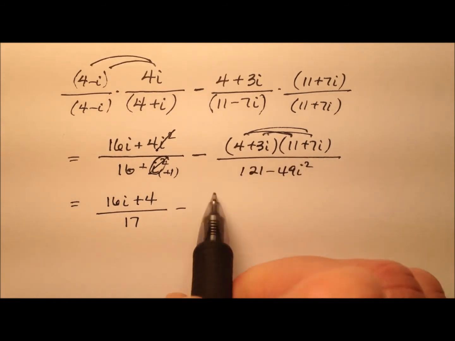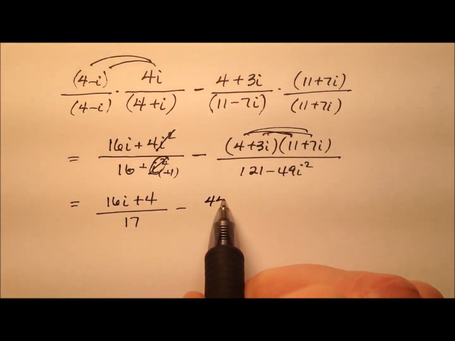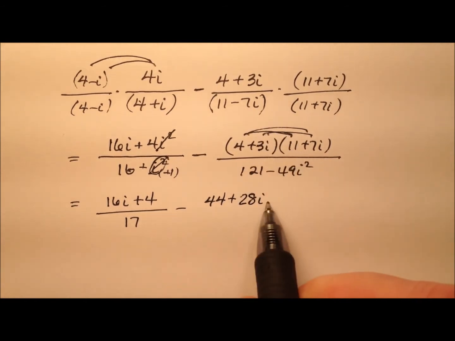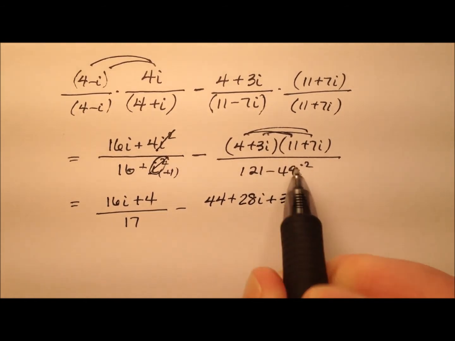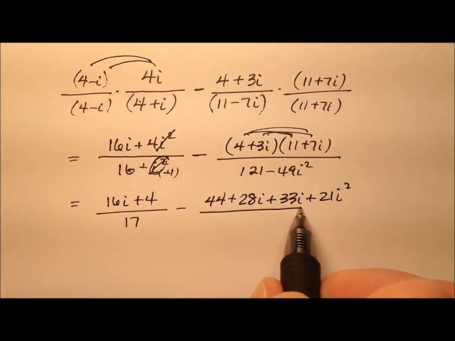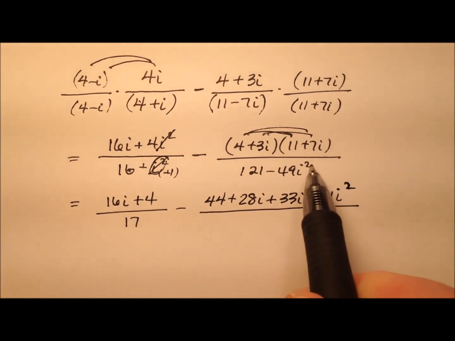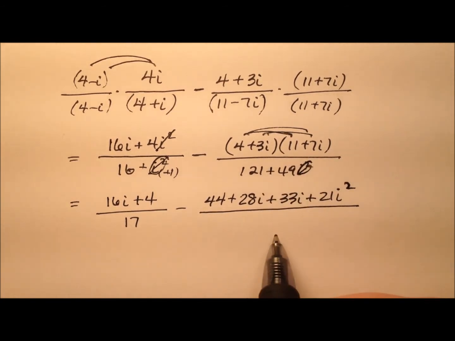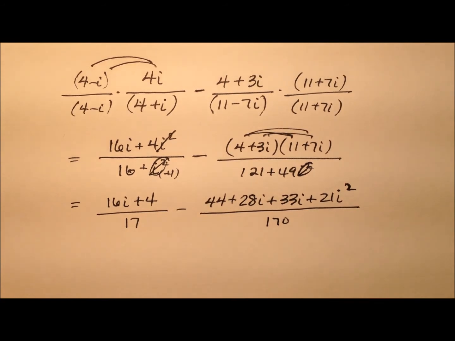So in the numerator here I have 44 plus 28i plus 33i and then plus 21i squared. And of course this i squared in the denominator is really a negative 1, so that'll just change that to a plus. So that makes 170.